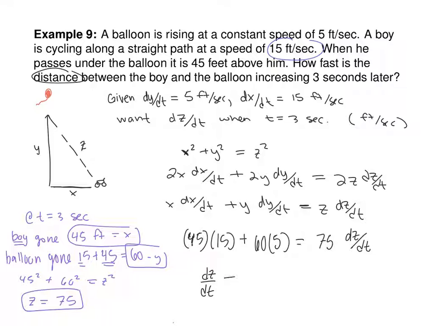Okay, what's... Final answer is 13. So what's the numerator? Something plus 300. 625? 675. And I think it is 13. I remember this problem, 13 feet per second.